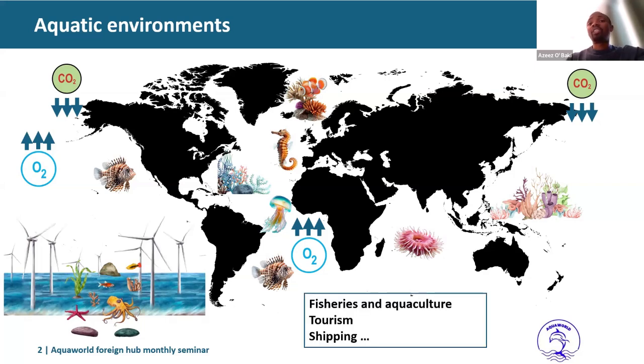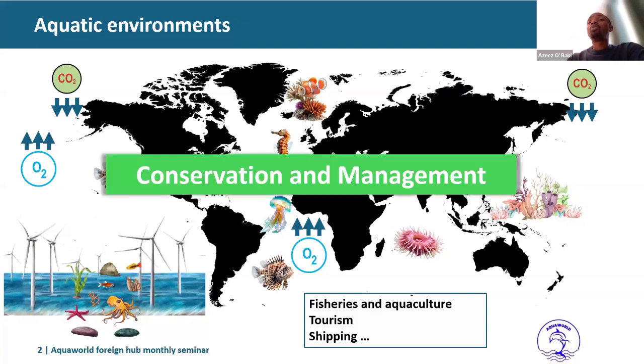And we also have other activities such as fisheries, aquaculture, tourism, and shipping for the transfer of goods from one part of the continent to another. So we see that the aquatic environment is a very important environment, and that leads to the reason why we need to conserve and manage it for us to have the continuous services provided by this environment.